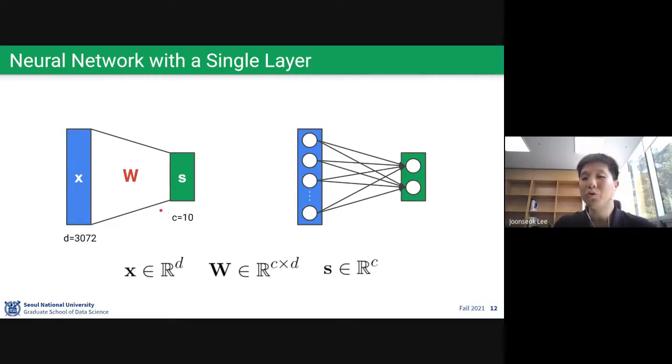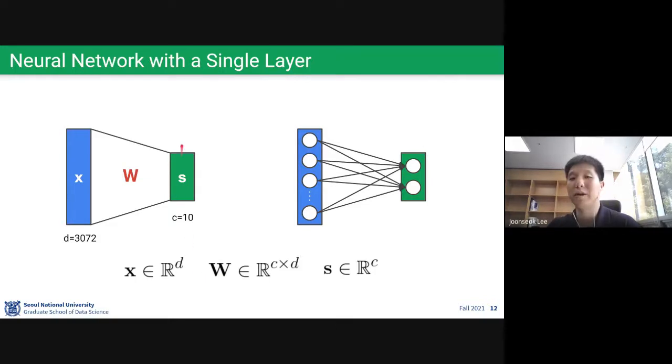So what should be the dimensionality of these weights? x is a d-dimensional vector, and s is a c-dimensional vector. So we have to map this by multiplying by W, which is of size C by D. So Wx is C by D times D by 1, so the output should be C by 1.